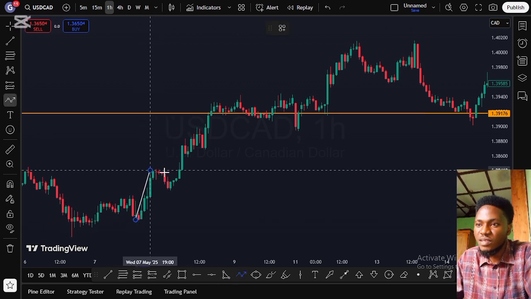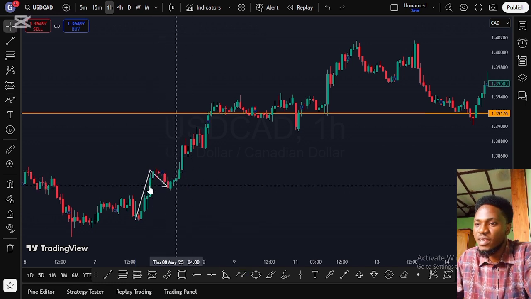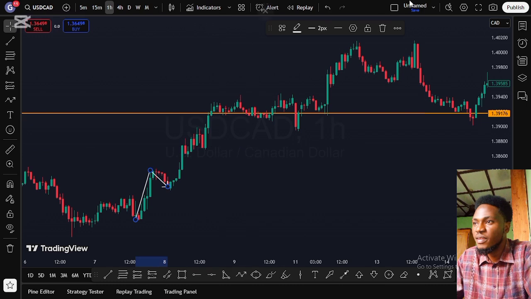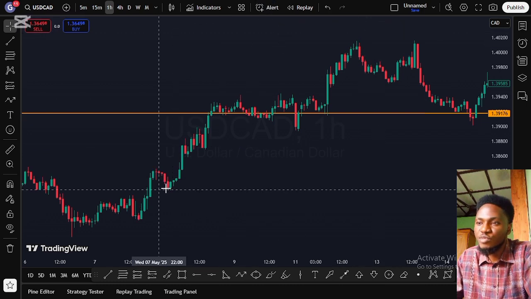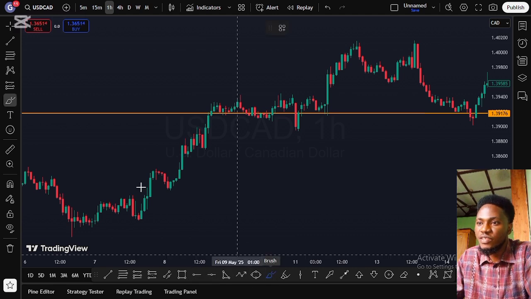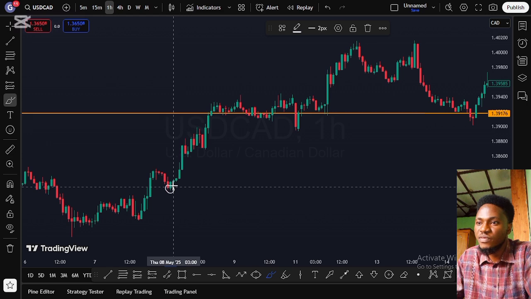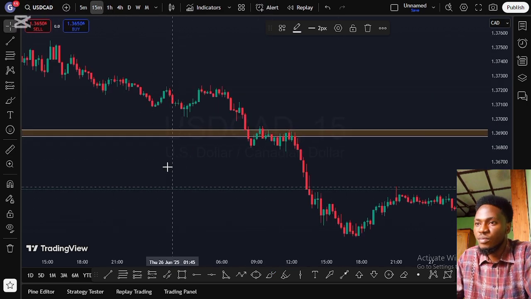This is the pullback, and let's assume we want to buy from this level right here. We want to buy this pullback. Obviously we might not see clearly the rejections around here, so I'll go ahead and mark it out. Then we'll go to the 15 minutes and look for that rejection there and more confirmation.